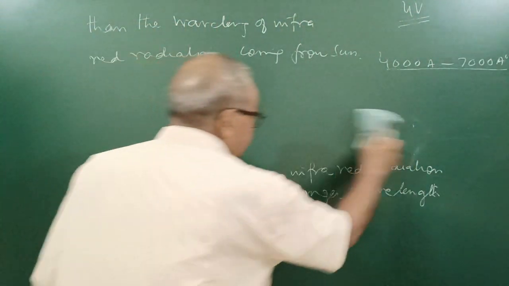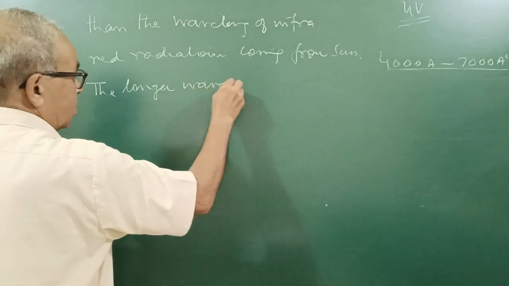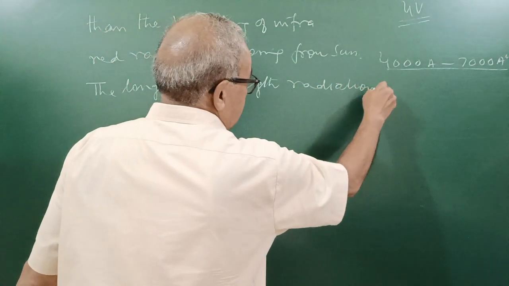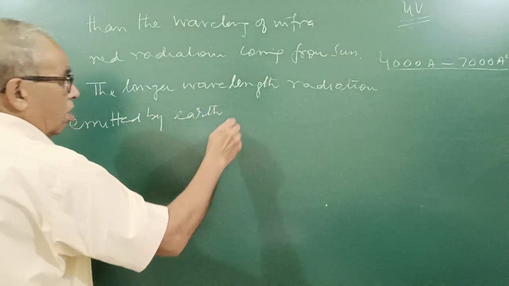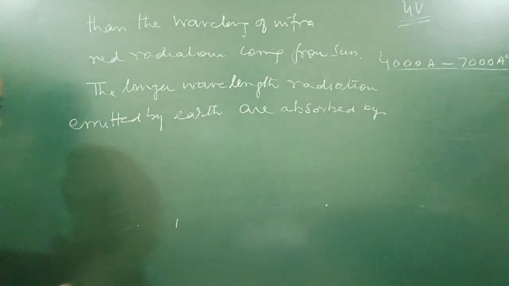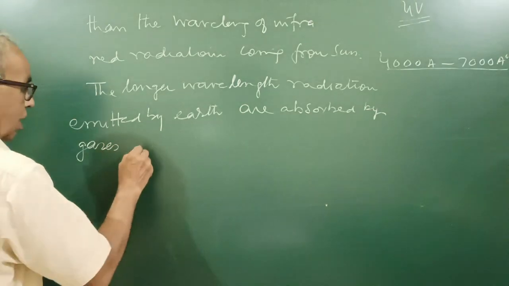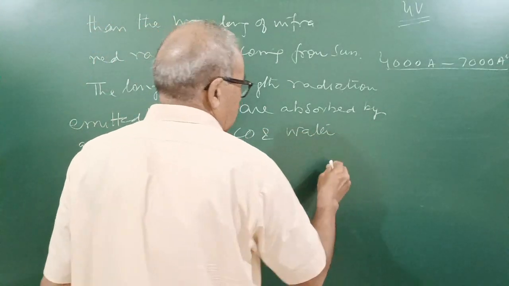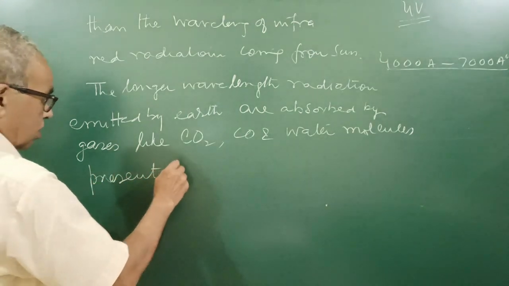These longer wavelength radiations emitted by the Earth are absorbed by gases like carbon dioxide, carbon monoxide, and water molecules present in the atmosphere.